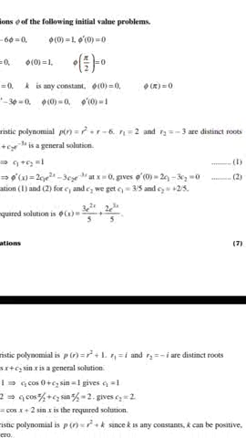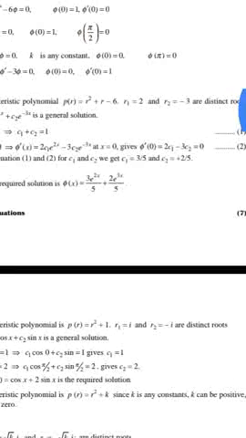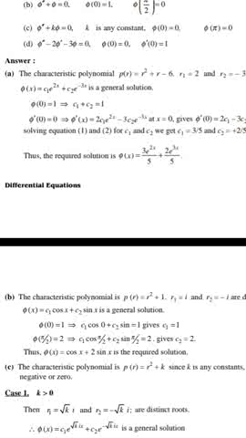Therefore, (r plus 3) into (r minus 2) is equal to 0. Therefore r is equal to minus 3 and r is equal to plus 2. That is, r1 is equal to minus 3 and r2 is equal to plus 2.